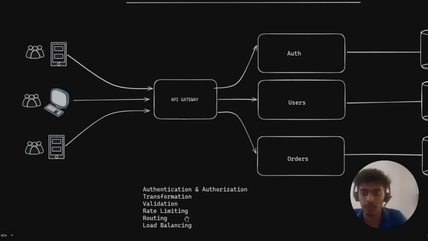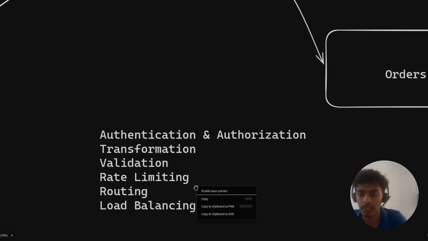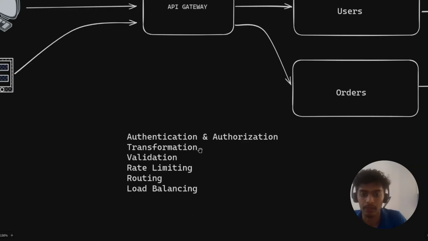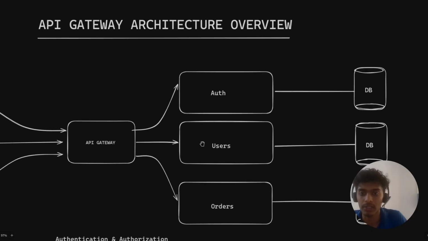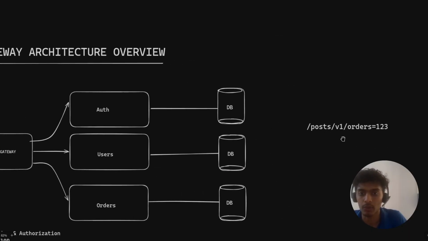The next major responsibility is routing. This is the gateway's bread and butter. The request comes in, let's say, as POST /v1/orders. The gateway has a routing table.